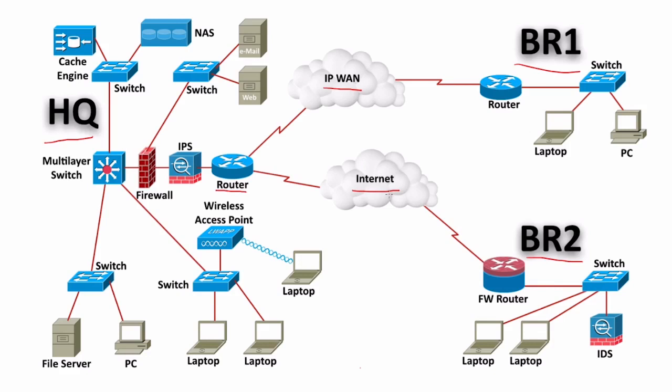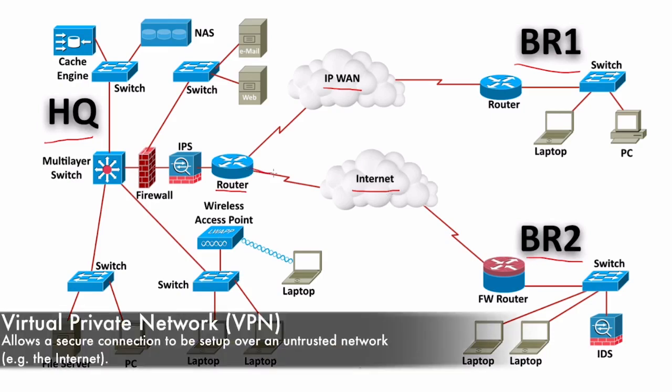One of the big challenges that we have, though, is security. The internet is an untrusted network. Lots of scary things might be going on in the internet. Do we really want to send our private, corporate, sensitive data over an untrusted network? Well, maybe. What we could do is create something called a VPN. A VPN is a virtual tunnel.